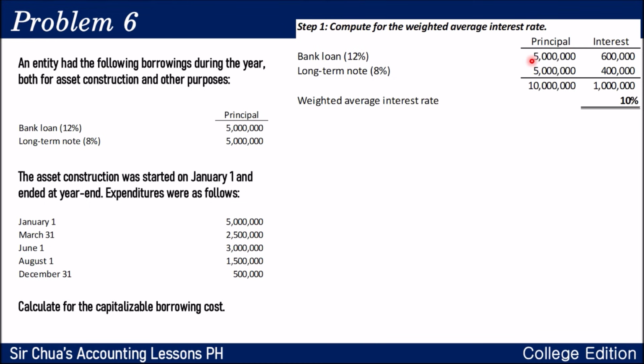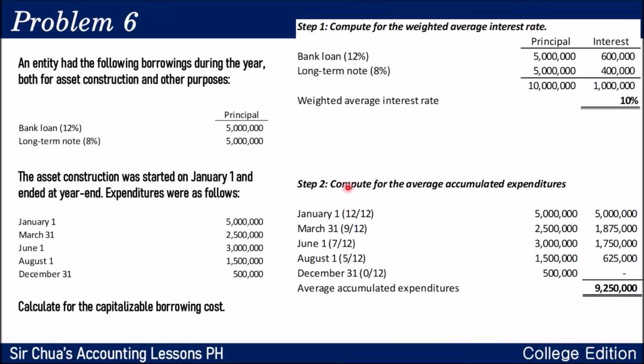Doon naman po sa ating long-term note, you simply multiply it to 8%, 400,000. Okay? So, the total principal is 10 million and the total interest is 1 million. Ang gagawin nyo po, i-divide nyo po si 1 million papunta dito kay 10 million. Ang makukuha nyo po, yung weighted average interest rate na 10%. Again, i-divide nyo po si interest na 1 million kay 10 million na principal. The weighted average interest rate is 10%.